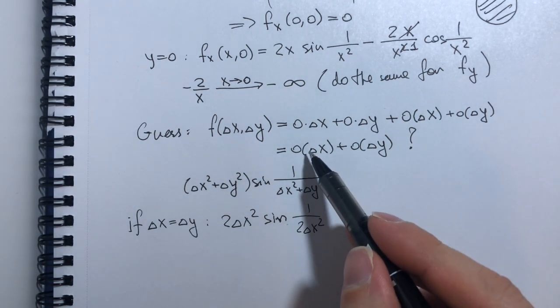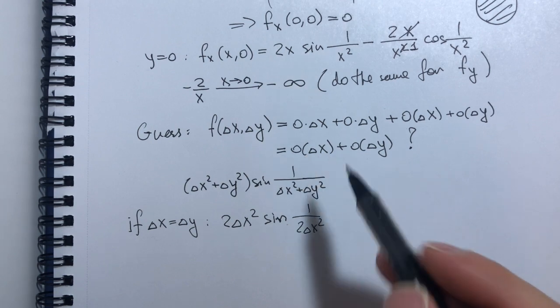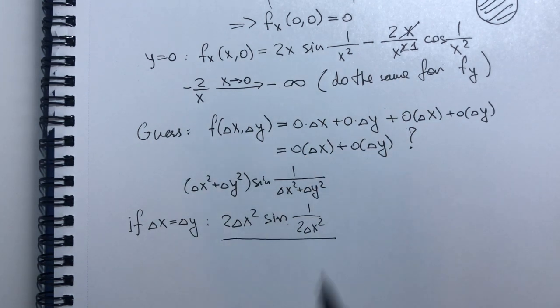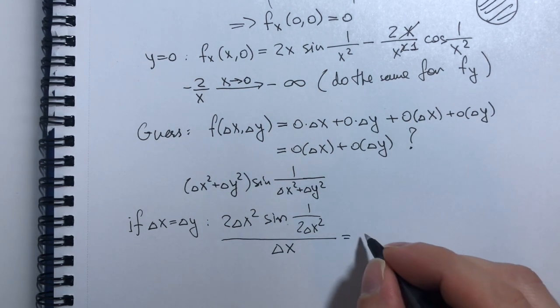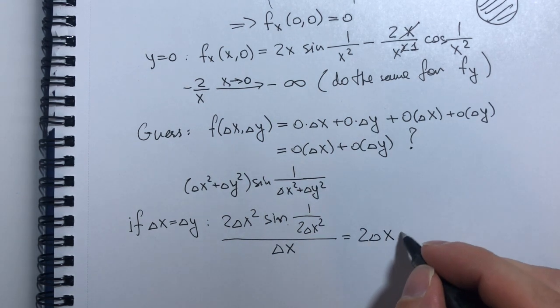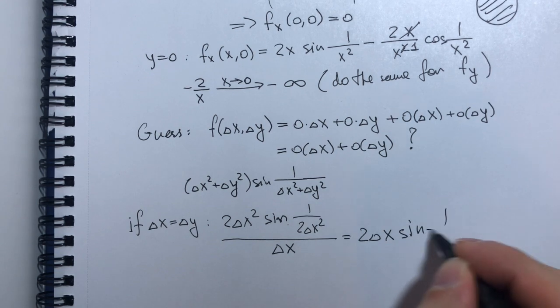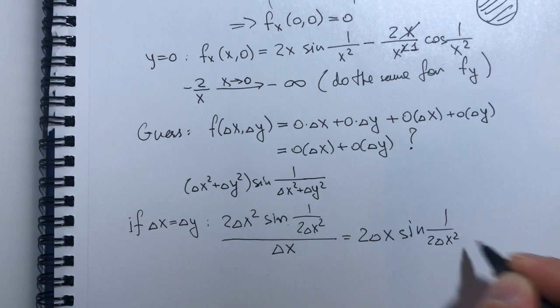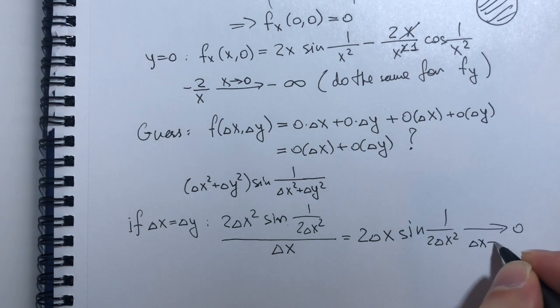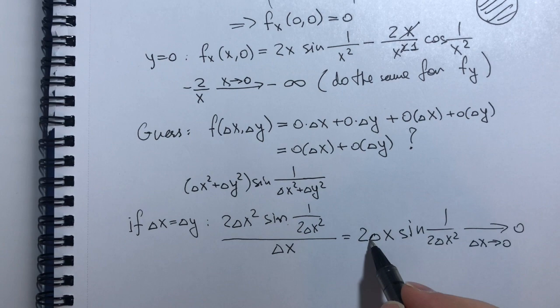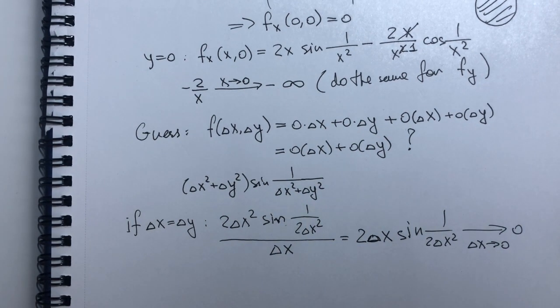But now, if we want to confirm that it's o little of delta x, we need to divide it by delta x. And what do we get? We get 2 delta x sine 1 over 2 delta x squared. And of course, this goes to 0 as delta x tends to 0 because sine is bounded.